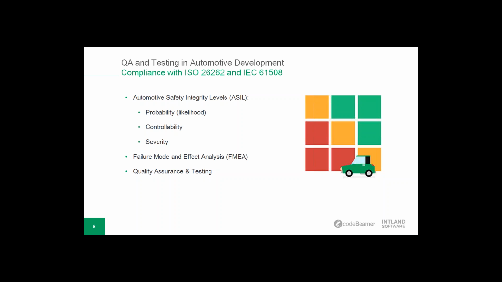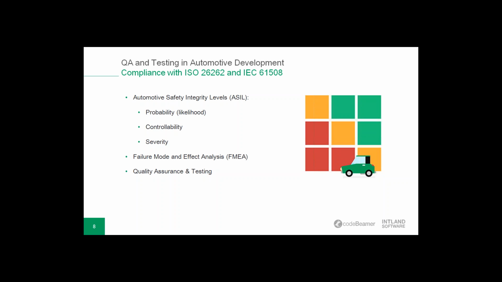And what's more, not only do developers have to implement adequate quality assurance processes and ensure that the products have been thoroughly tested, they also need to document everything. These efforts have to be documented to prove compliance with the relevant industry regulations.